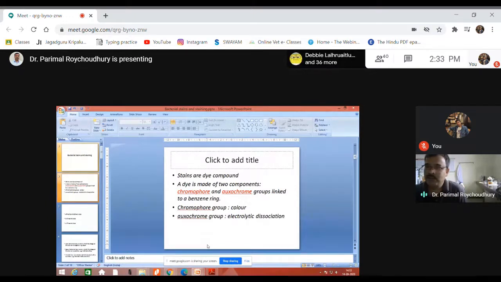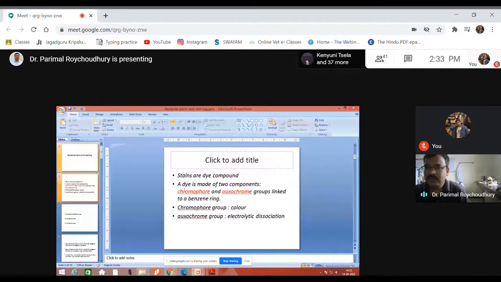Do you think all of these can be applied to bacteria? Simply no. Stains are certain special dye compounds, and first of all, they must possess a very small particle size so that they can diffuse across the membrane and stain the bacteria, what we call positive staining.